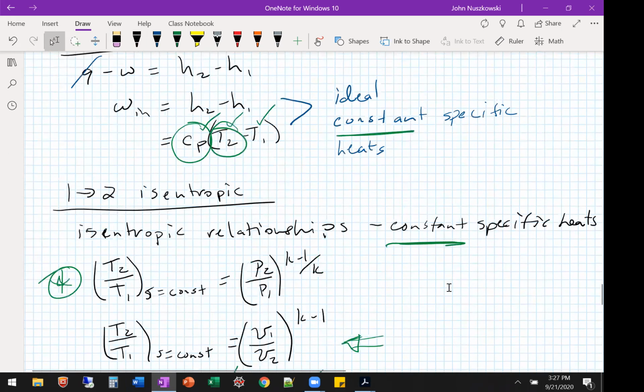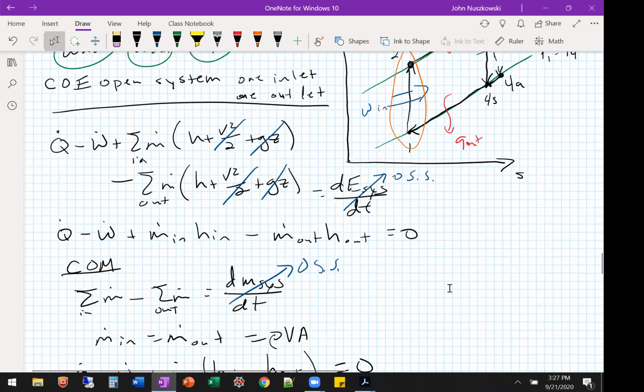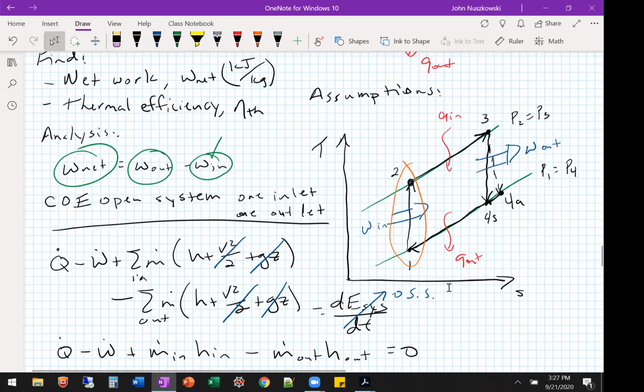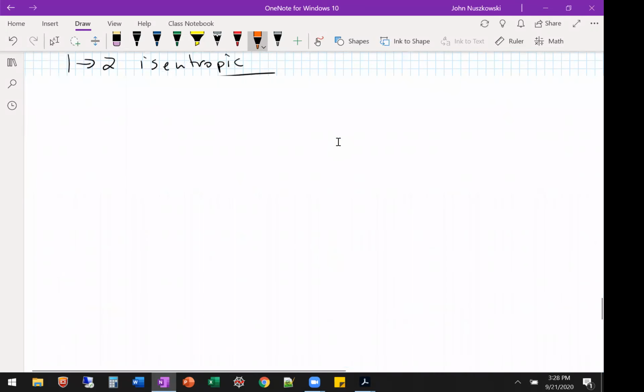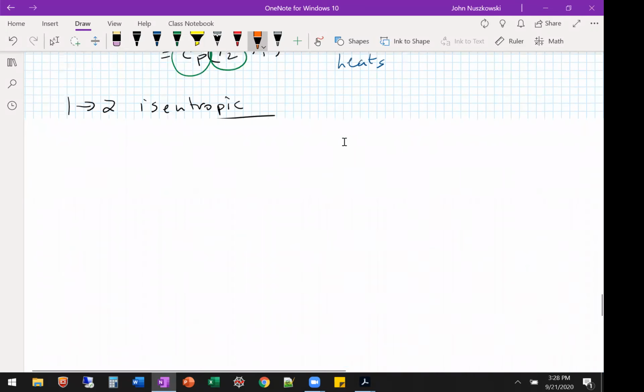Right. So let's go back up to our T-s diagram. So actual is this point, and the isentropic, using the isentropic relationship, is that point. Okay, so from the isentropic relationship, we can get 4s. Let me label what we have down here.